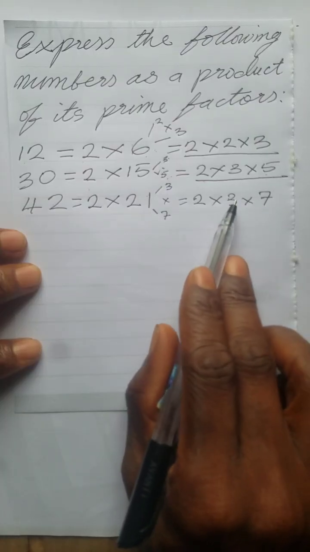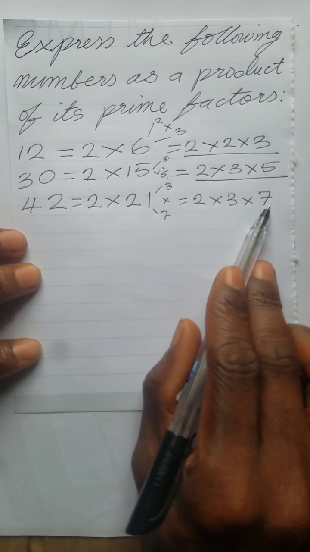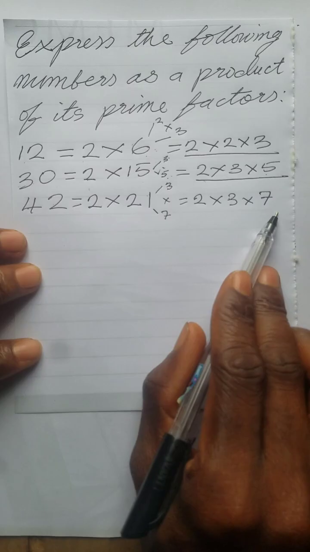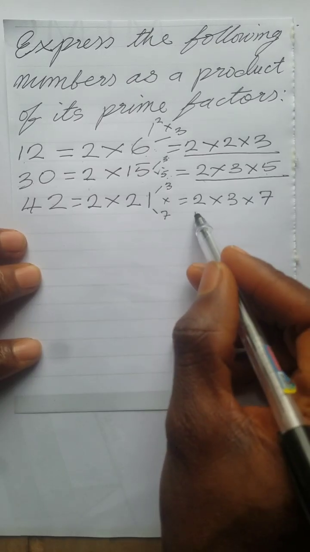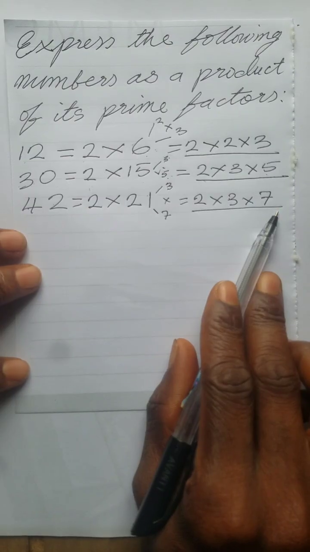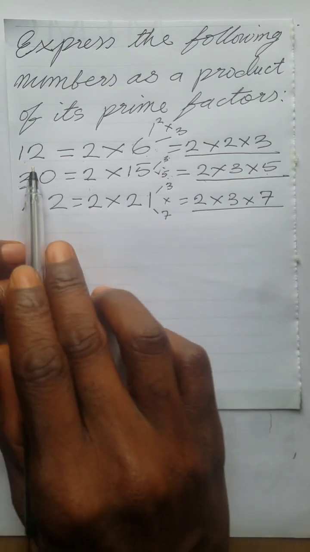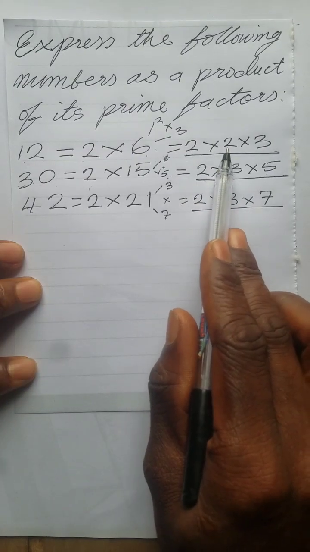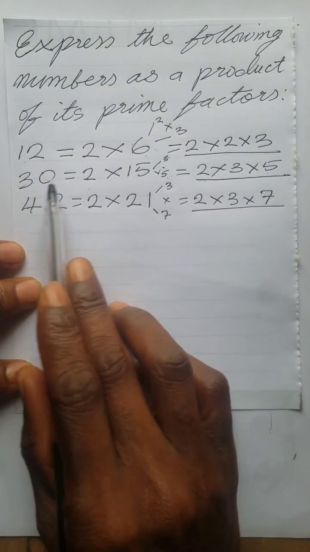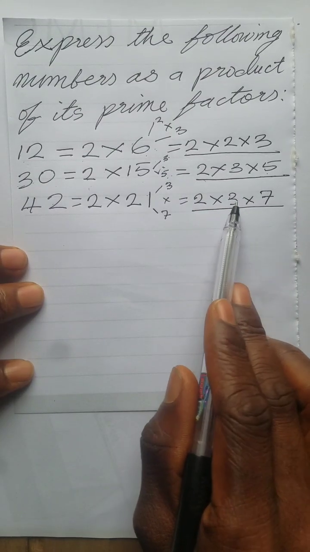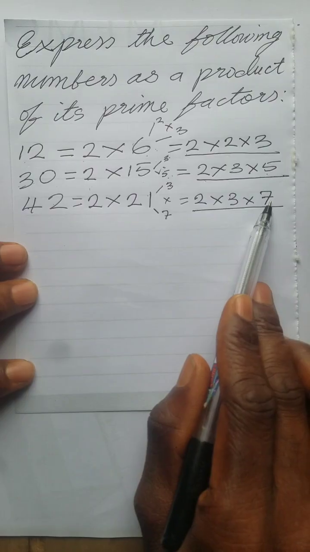If either of them weren't a prime number, I would have still looked for a way to break it down, so that all my factors can all be prime. I hope you understand. So the answer to this first number is 2 times 2 times 3. 30 is 2 times 3 times 5. 42 is 2 times 3 times 7.